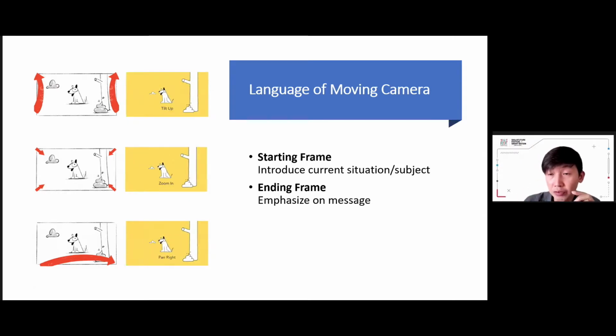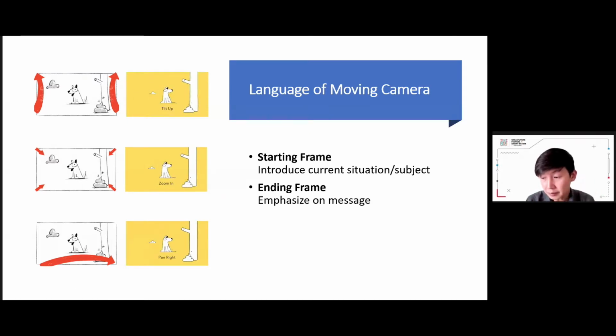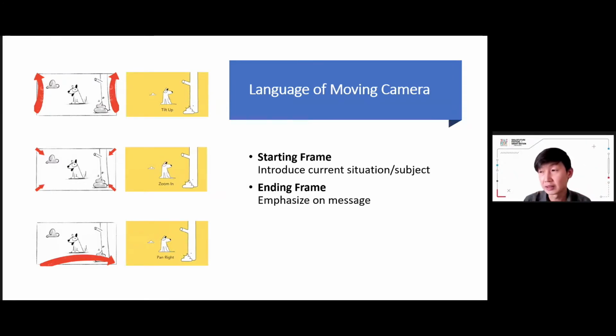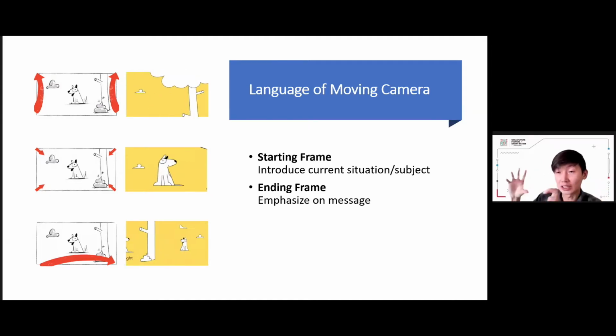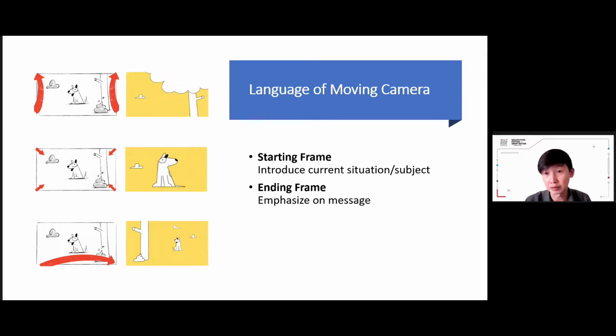For some cases, where you're framing a character talking, then suddenly there's a noise, like another character steps in and shouts, then we will use a pan to lead the audience to the next thing that's going to happen. So this is the purpose of it.